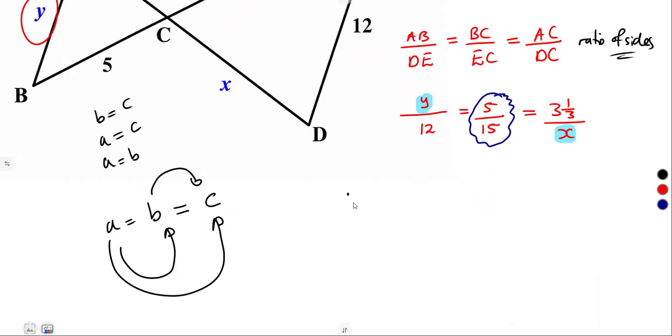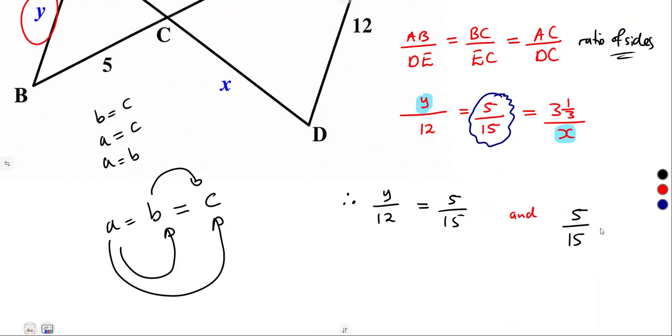From this ratio, it follows that Y over 12 is equal to 5 over 15. Equating the one with an unknown value to the one without an unknown value.